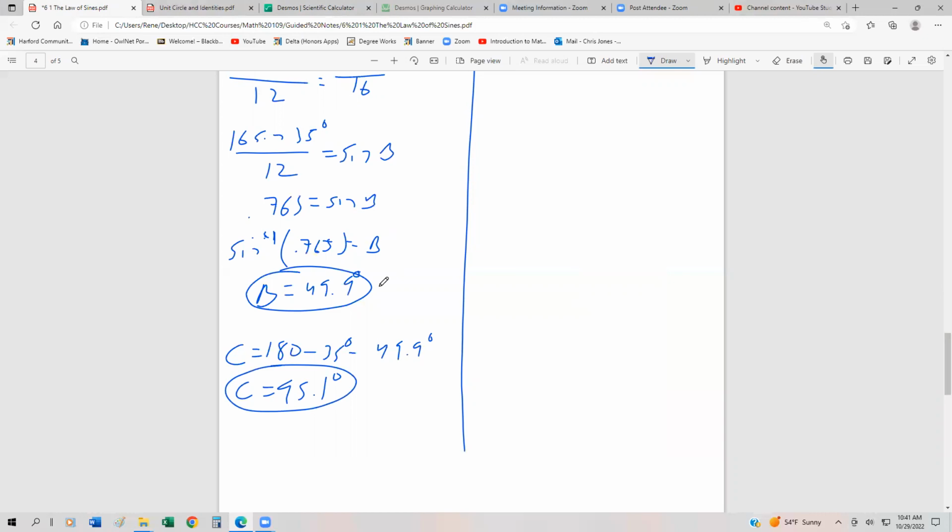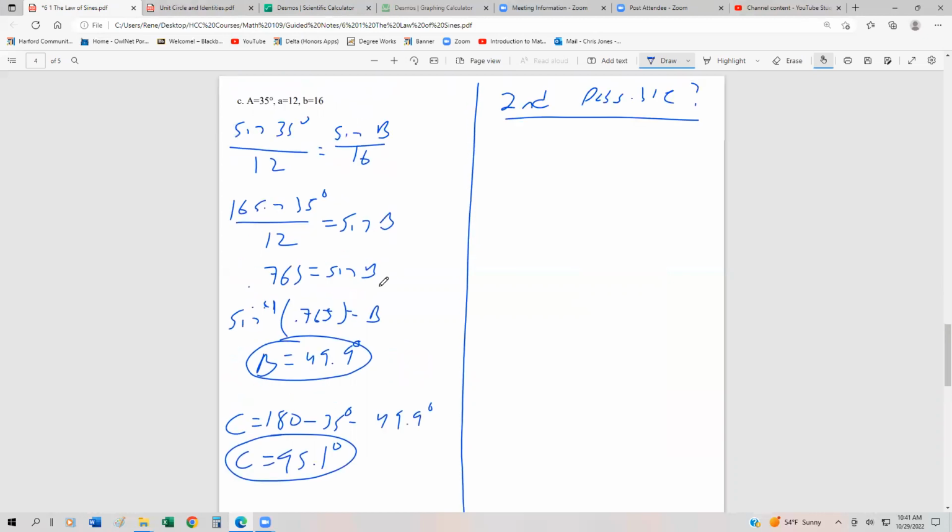But is there a second triangle available? So let's see. Remember, we found B right here. Well, B prime, I'm going to call it B prime, which is going to be a second angle, is going to be 180 minus 49.9 degrees. In other words, B prime is going to be equal to 130.1 degrees.